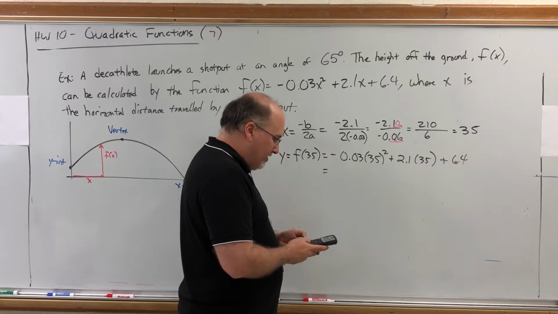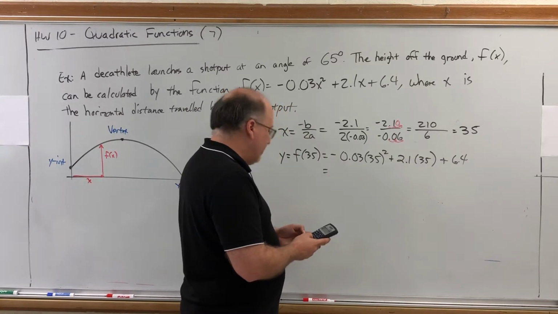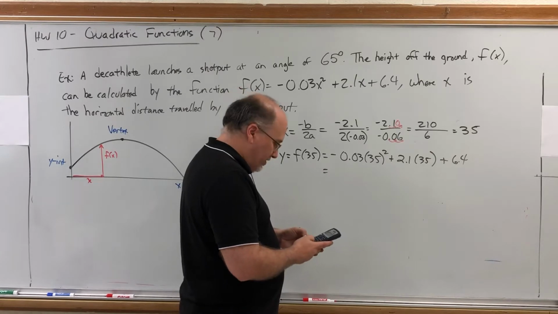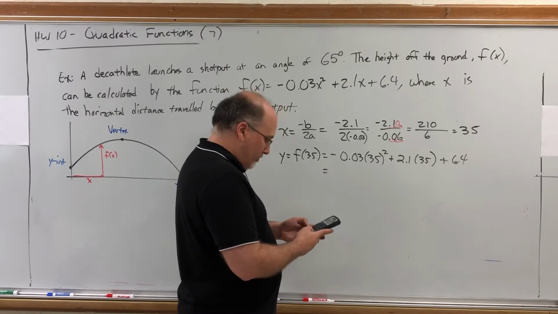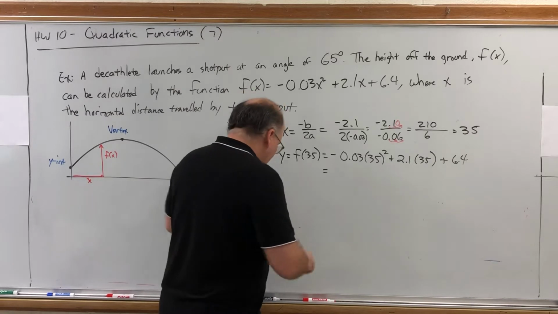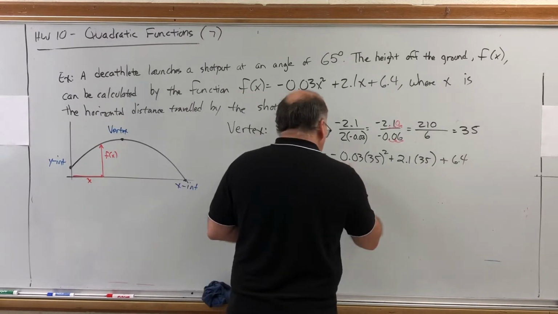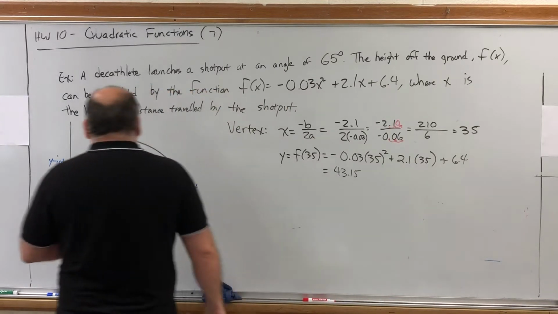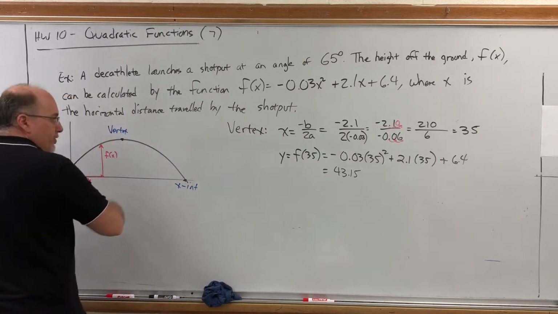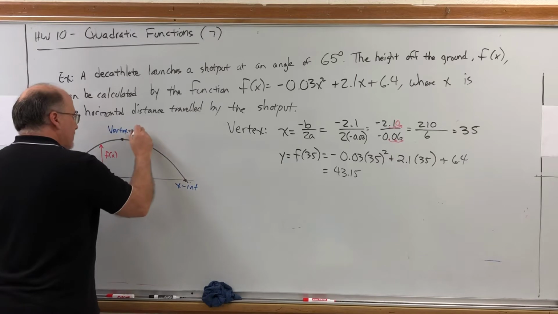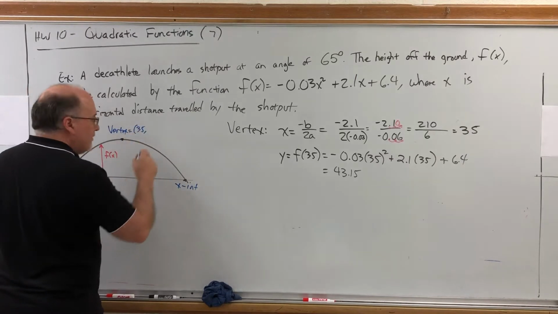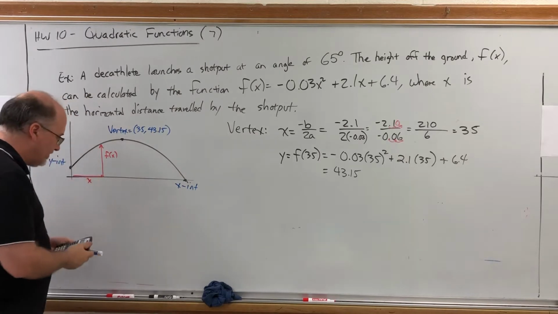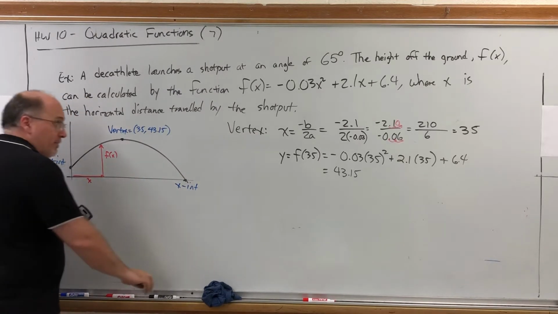So I'm just going to use my calculator. 35 squared times negative 0.03 plus 2.1 times 35 plus 6.4. And we get 43.15. So the coordinates of the vertex are 35, 43.15. We'll interpret that in a moment, but let's find the other stuff, the intercepts.